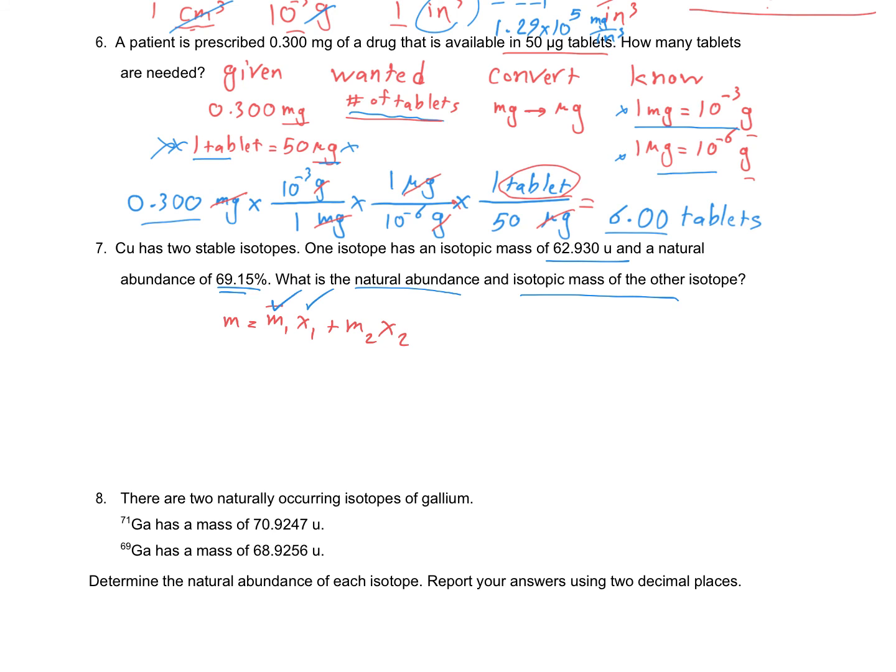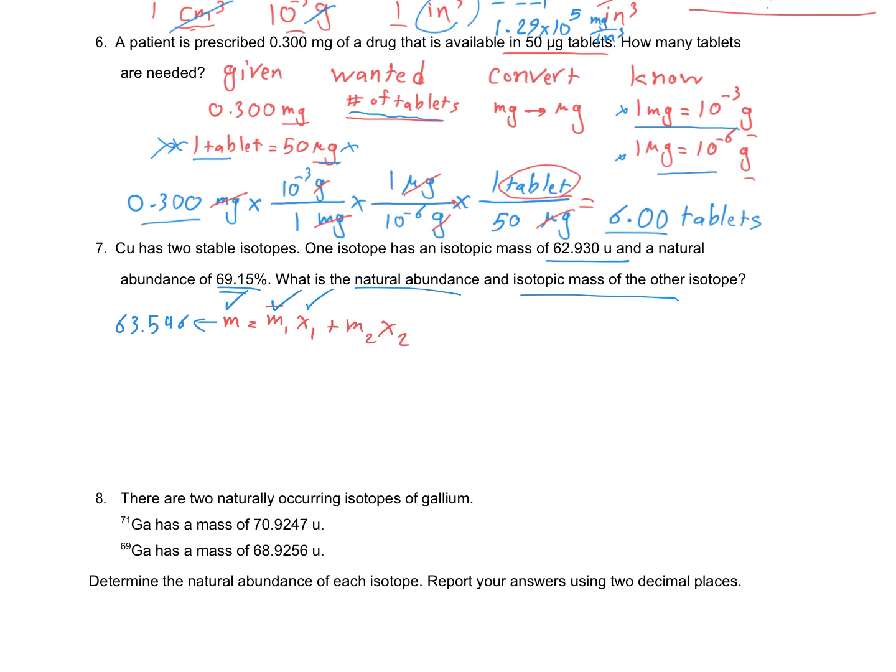But if you think about it, you can always find the atomic mass of any element from the periodic table. So you can look it up, and for copper, the average mass, the atomic mass is 63.546.